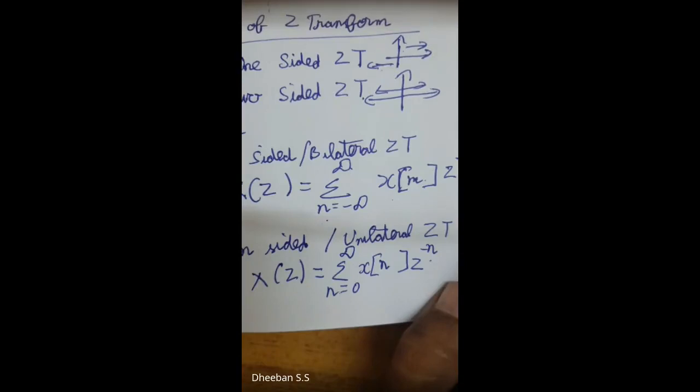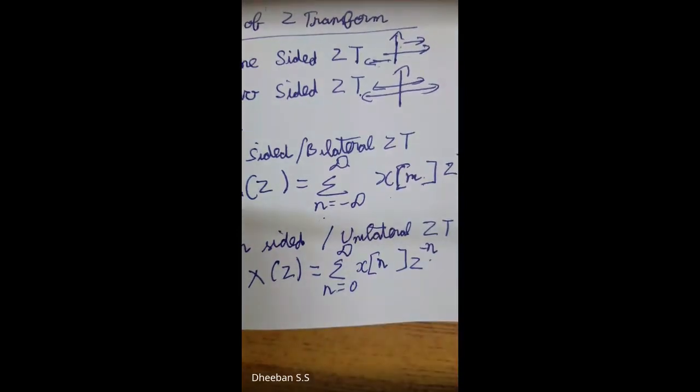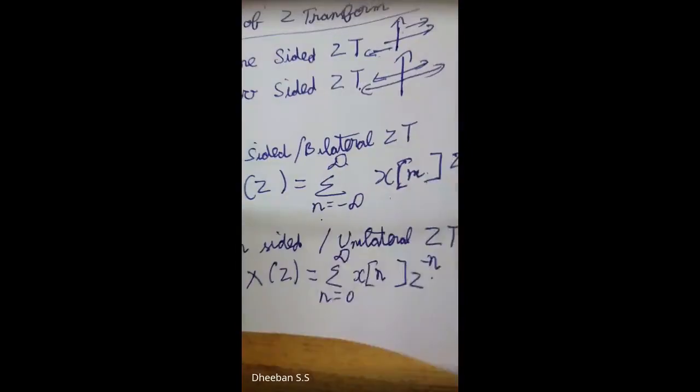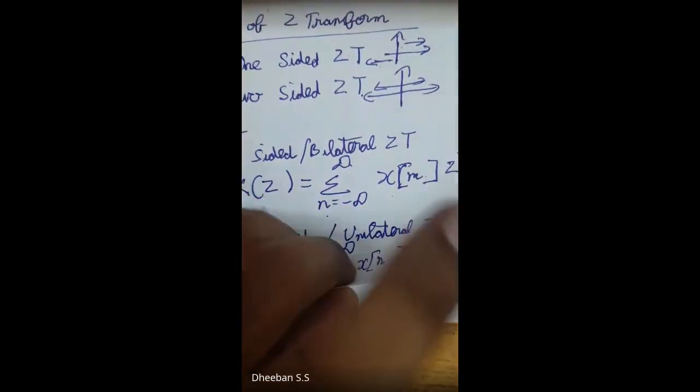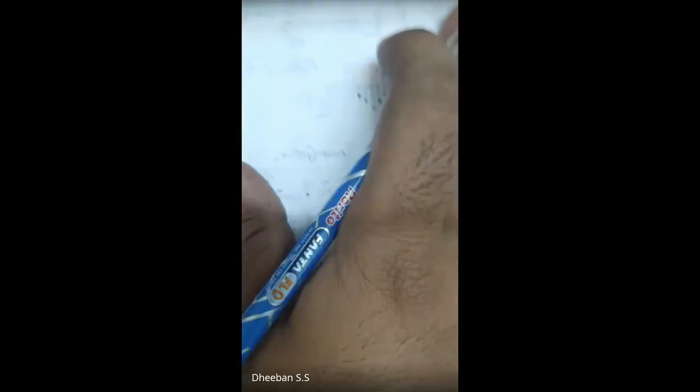In general, what happens is this Z transform is accompanied by another value called the region of convergence.